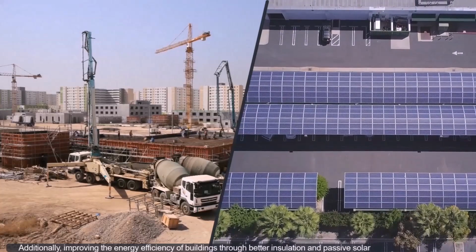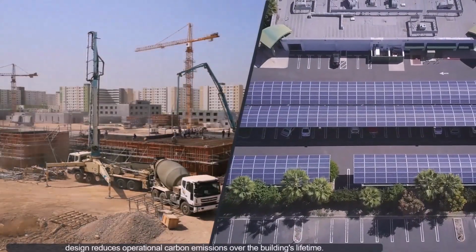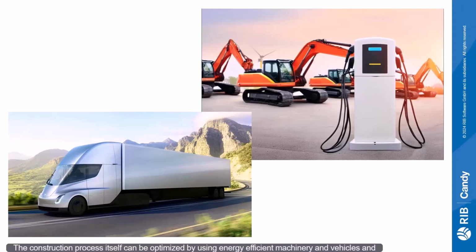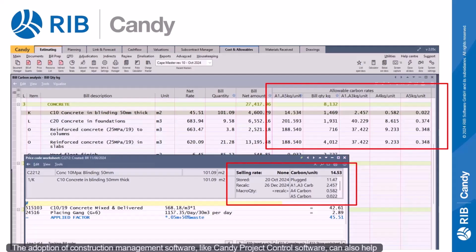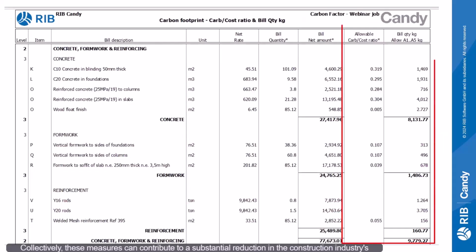Additionally, improving the energy efficiency of buildings through better insulation and passive solar design reduces operational carbon emissions over the building's lifetime. The construction process itself can be optimized by using energy-efficient machinery and vehicles, and by planning logistics to minimize transportation emissions. The adoption of construction management software, like Candy project control software, can also help reduce waste and improve resource management. Collectively, these measures can contribute to a substantial reduction in the construction industry's carbon footprint.